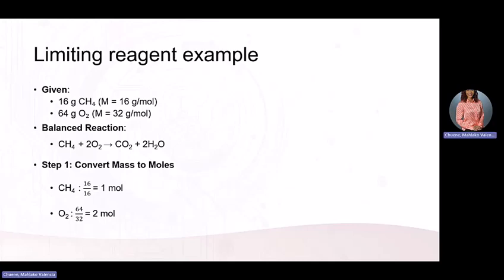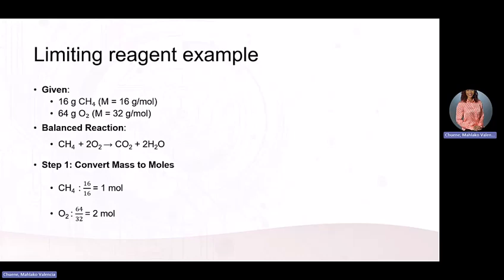All right, then we look at the oxygen gas, which has been given. We've been given 64 grams, and to find the molar mass, there's 2 oxygen atoms, so then it is going to be 16 plus 16 for the oxygen, giving us 32 grams per mole. So that is our molar mass.